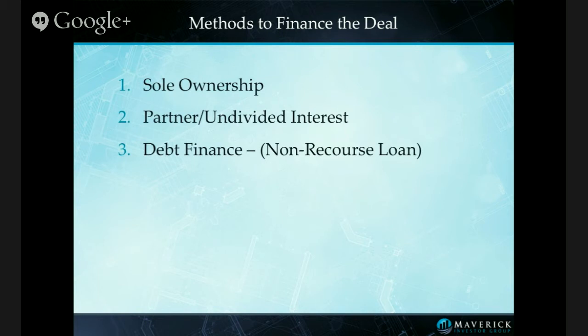And then the third method is financing. Okay, you actually can leverage your IRA to acquire real estate. The rules basically are that the loan needs to be a non-recourse loan, and you cannot personally guarantee that loan.